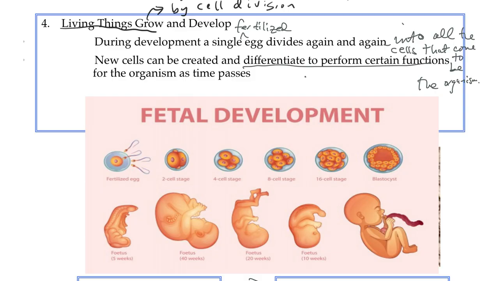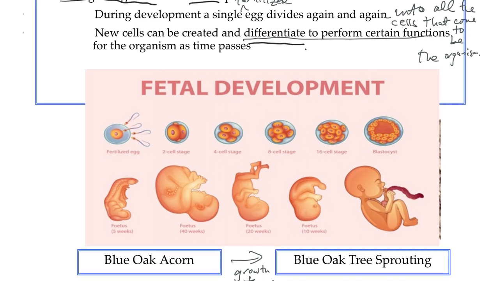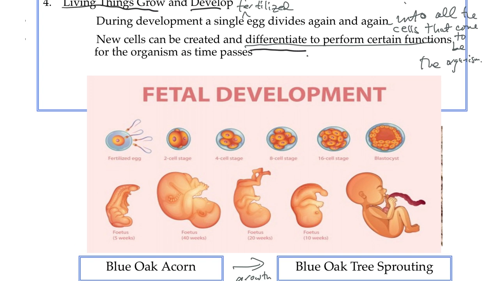Living things also develop. Development means cells will differentiate to perform specific things. So we have these undifferentiated cells becoming more specialized.